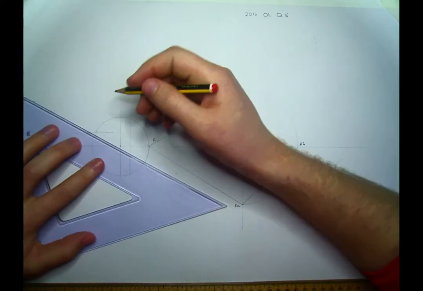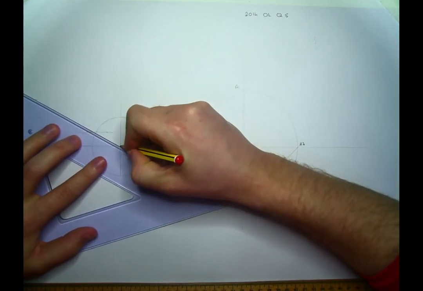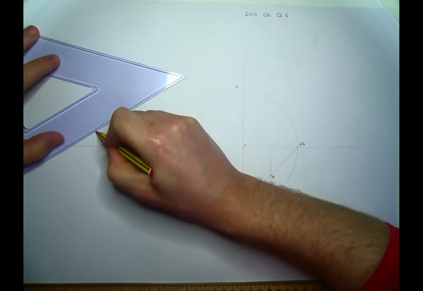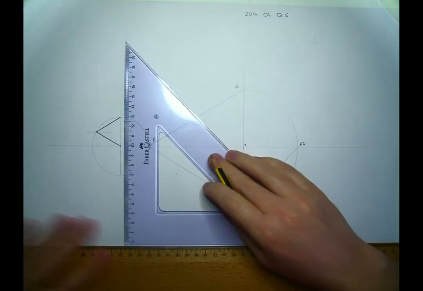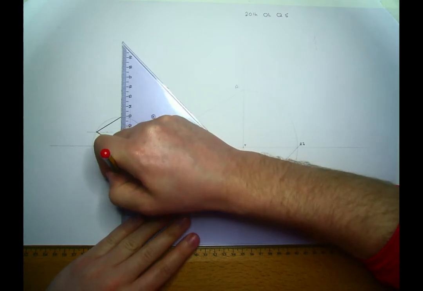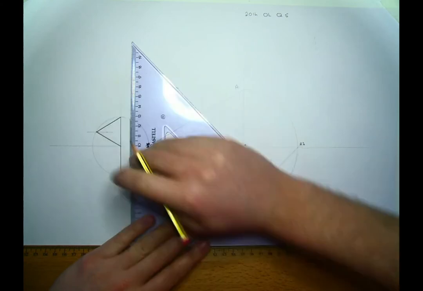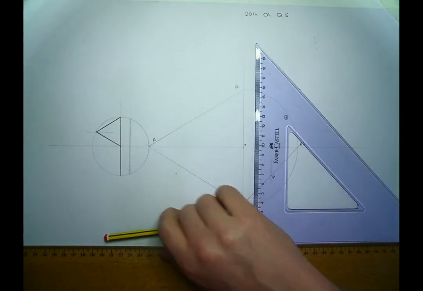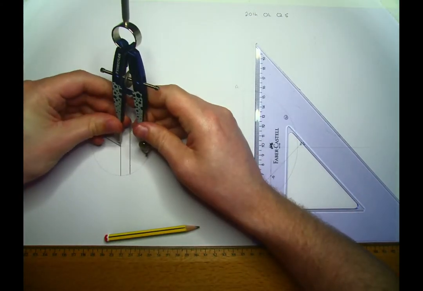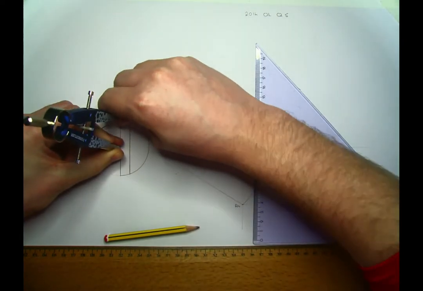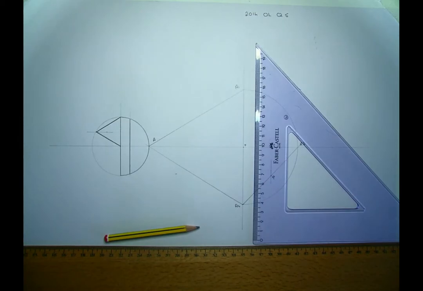That gives us the point there that we're looking for. So now we can draw in the shape, and then just darkening in that part of that there.